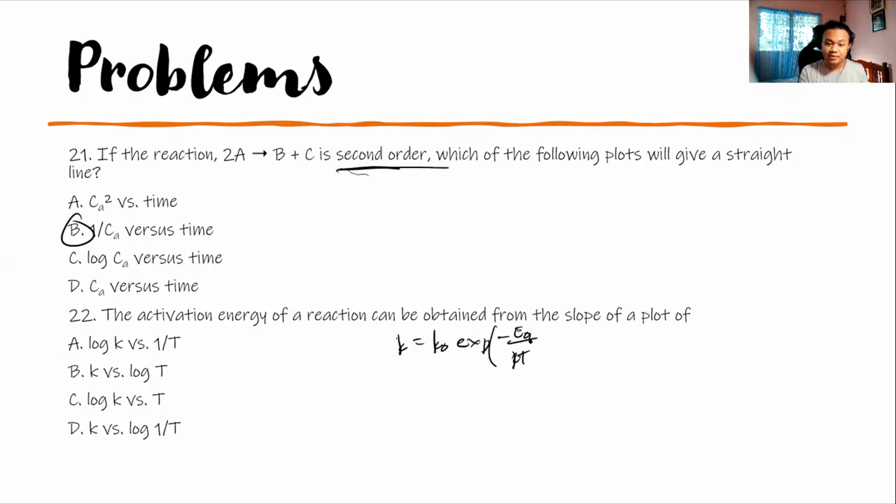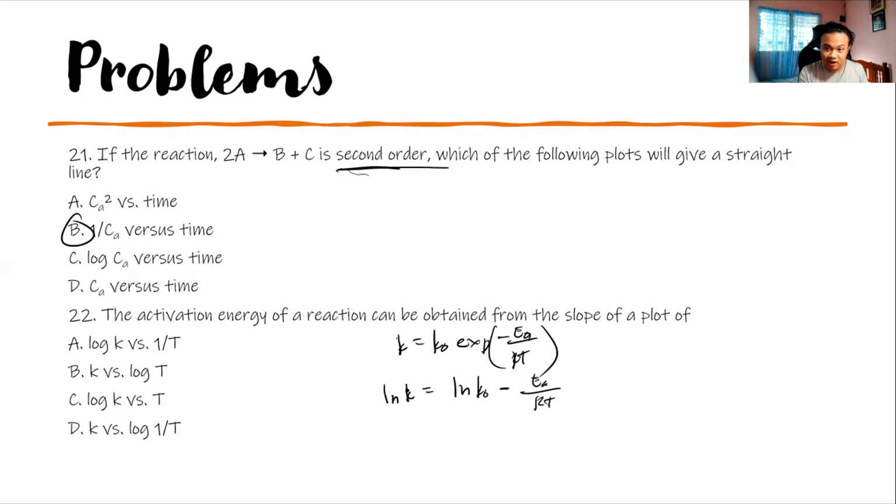So if we linearize that, we have ln k equals ln k0 minus Ea over RT. So we can know now the plot.